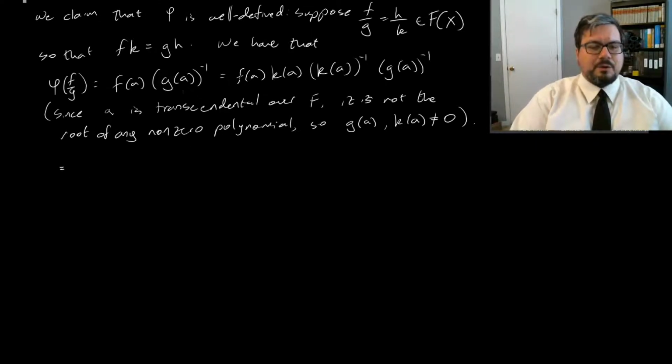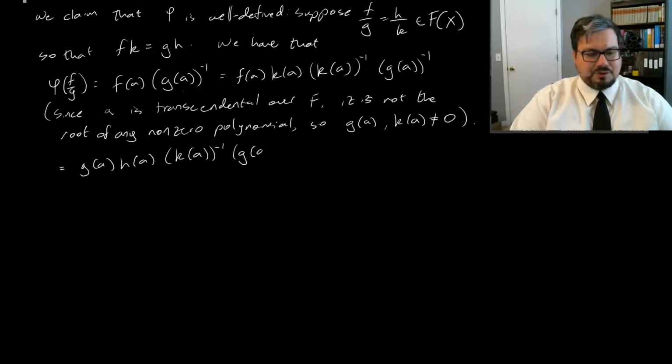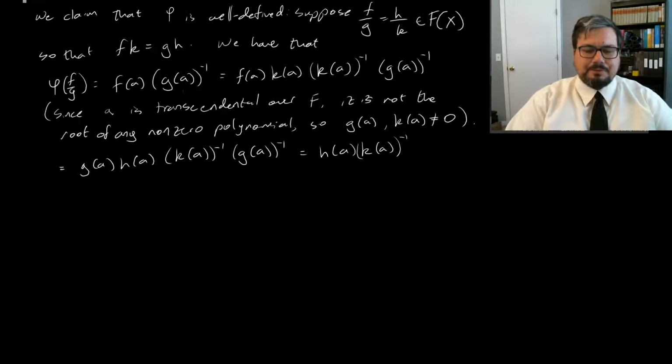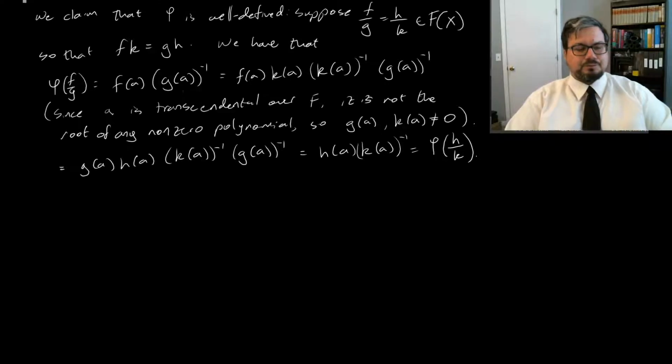So continuing the equation, we have f times k. We know f times k is equal to gh. So f(a) times k(a) is g(a) times h(a) times k(a) inverse times g(a) inverse. And now we've got g(a) and g(a) inverse, so we get h(a) times k(a) inverse, which by definition is phi of h over k.